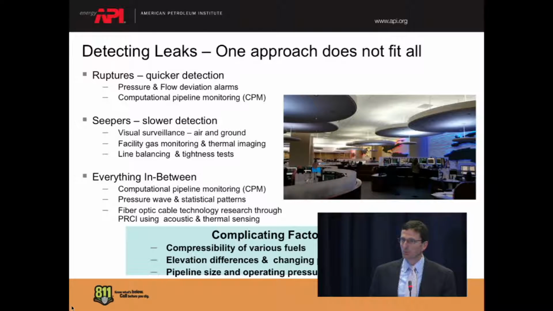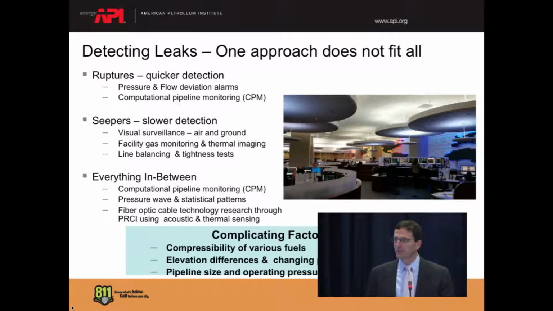There are also some newer technologies using thermal imaging to detect a change in temperature that may indicate an abnormal situation at that facility. And then pipeline volume balancing and static tightness tests, essentially to assess whether the pressure is holding in a pipeline.